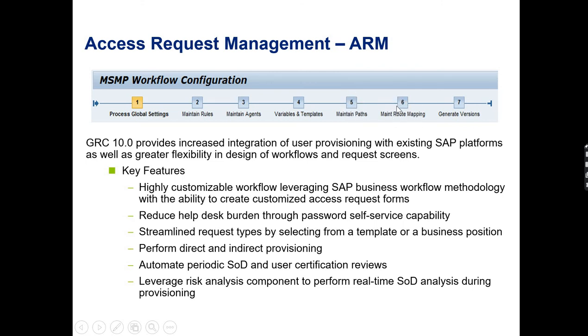Sixth step is mapping, like which request type the user selected. If the user selects the request type create, link it to the create path. If the user selects locking the user, select the lock path. That matching will be done here, and once all the changes are done, we have to generate the version and keep the changes in the transport request, so that the changes will be moved to the quality and production system later.